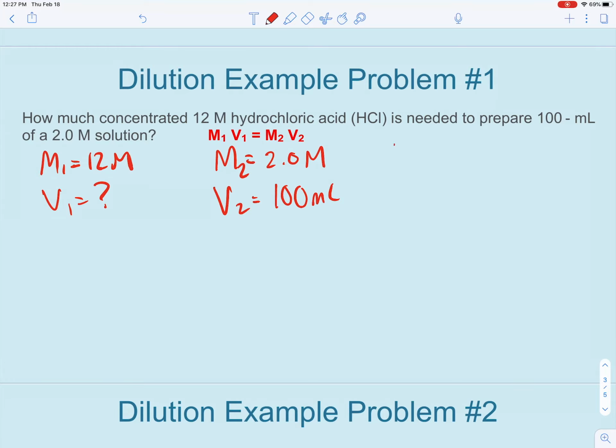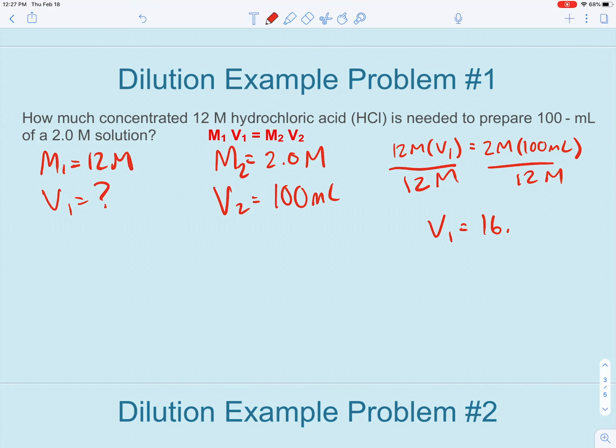So M1 is 12 molar times V1 is equal to 2 molar times 100 milliliters. I'm going to divide both sides by 12M. And I get a volume of about 16.7 milliliters.